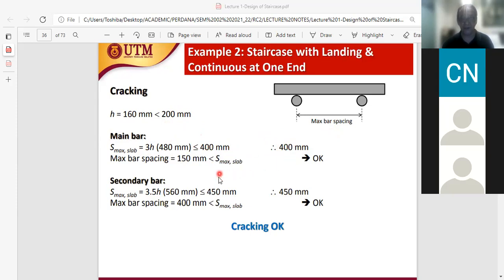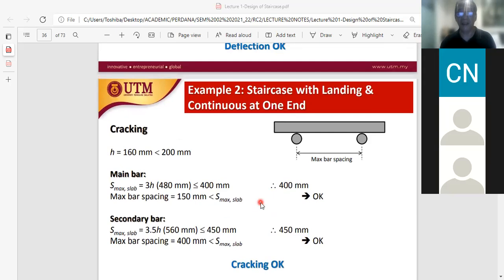Okay. And for secondary is 3.5 H, 560. Comparekan dengan 450. Take the lesser of these two values, maka 450. Maka bar spacing is taken as 400 mm, still okay.